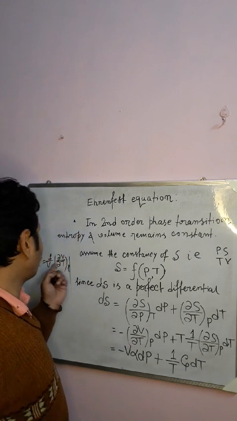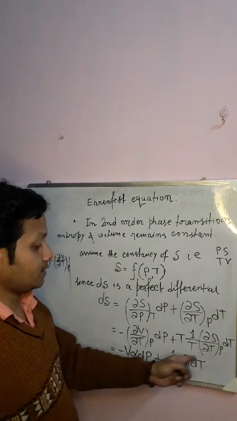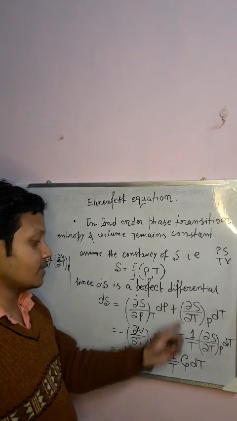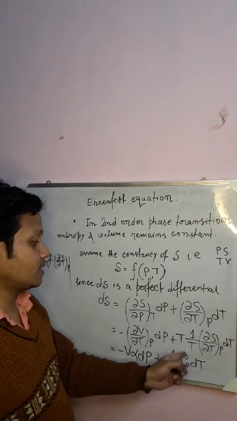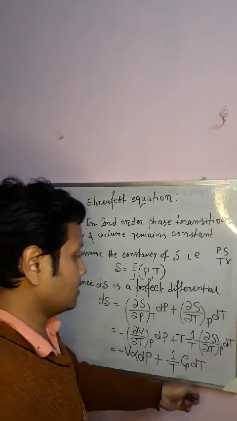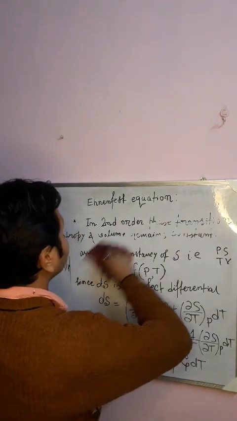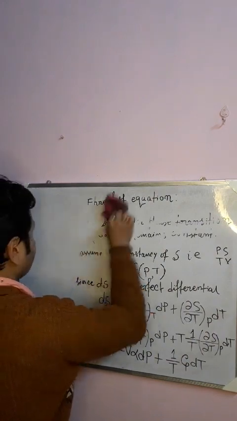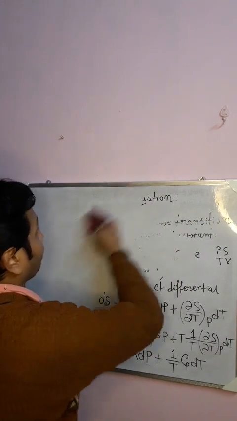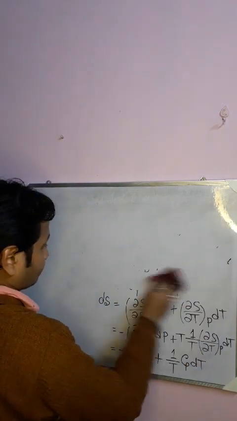So alpha equals 1 by V del V del T at constant pressure, from which this term can be written as V alpha, and this is Cp by T, because we write this term as T multiplied by 1 by T, and T dS means dQ, and dQ by dT at constant pressure means Cp, and there is a dT term.